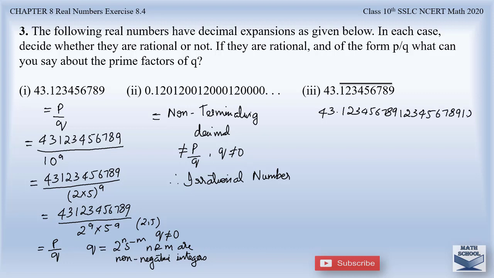Again it keeps on repeating itself till infinity. So we can say that this type of decimal expansion is non-terminating and repeating, because the number keeps on repeating after the decimal point.